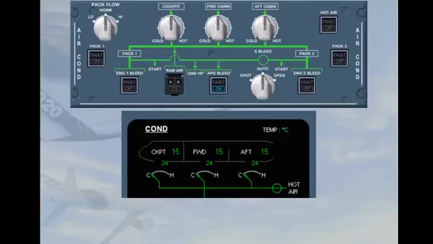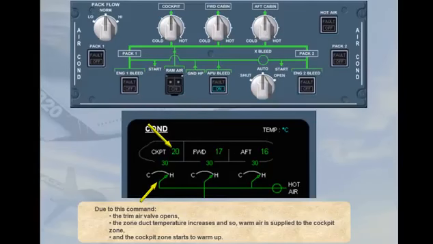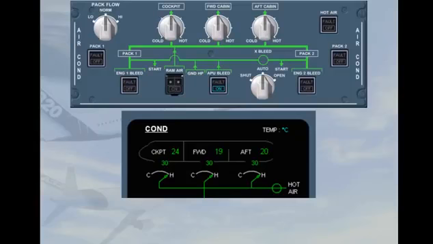Due to this command, the trim air valve opens, the zone duct temperature increases, and so warm air is supplied to the cockpit zone, and the cockpit zone starts to warm up. Once the cockpit zone reaches the demanded temperature, the trim air valve will move, reducing the amount of hot air, and then will move as required to maintain the zone temperature.